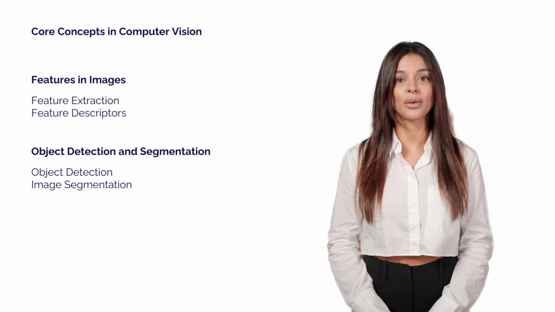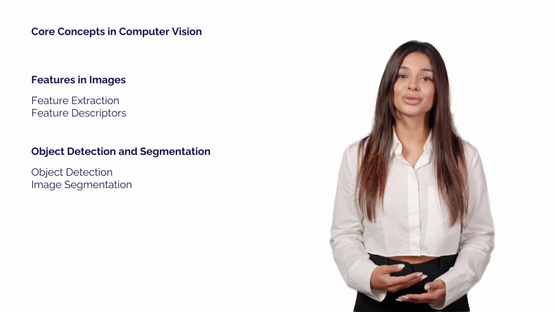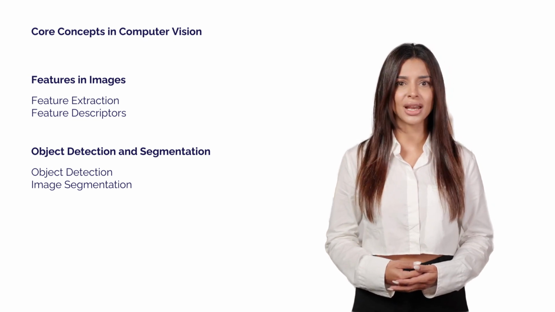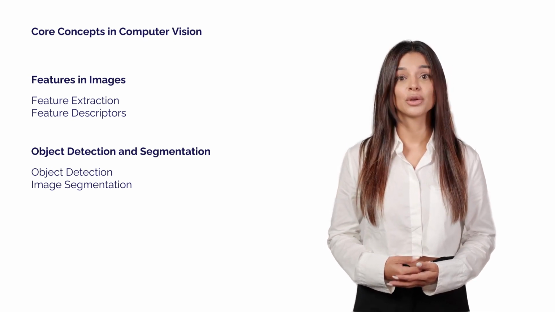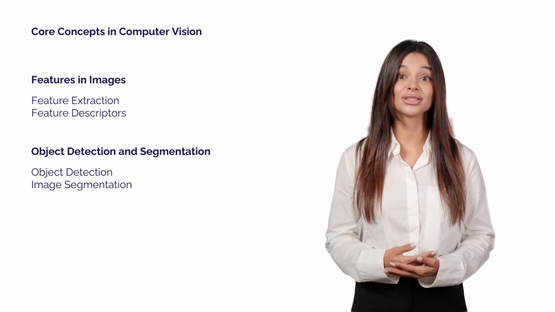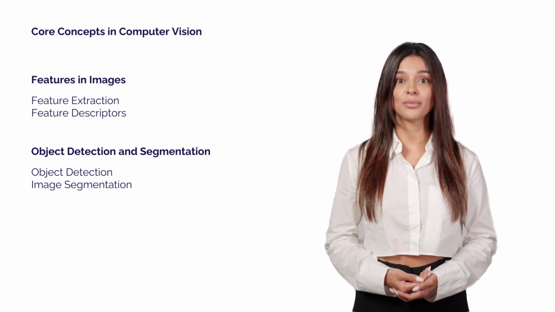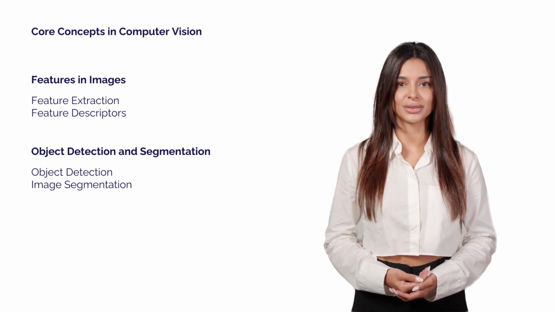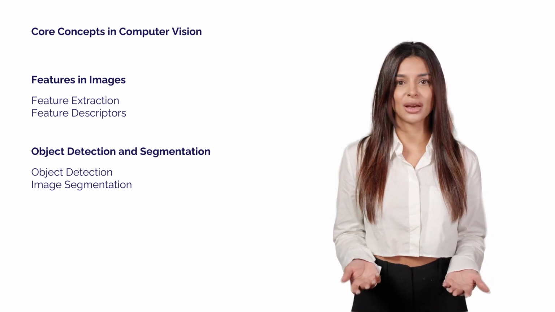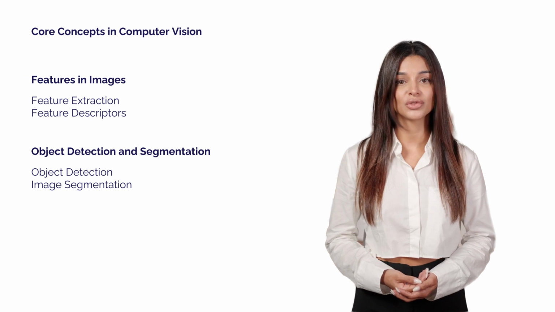Now, on to object detection and segmentation. Object detection is about identifying and locating objects within an image. You might have heard of some popular techniques like YOLO, You Only Look Once, Faster R-CNN, and SSD, the Single Shot MultiBox Detector. Image segmentation takes things a step further, dividing the entire image into meaningful regions or objects.